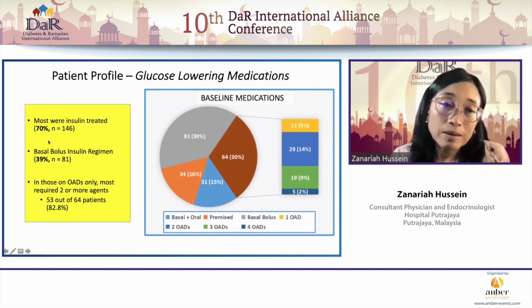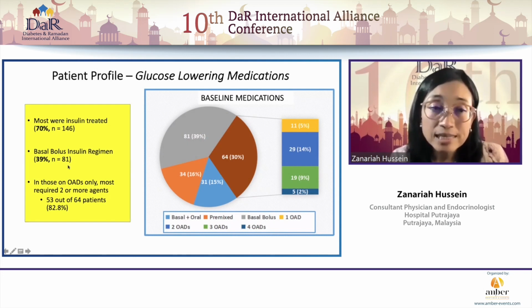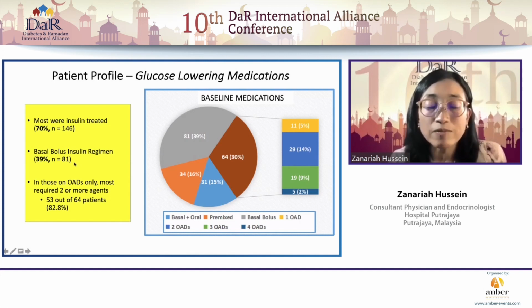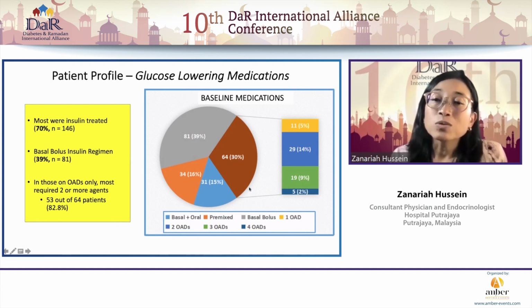We already mentioned most of them being on insulin, and mostly on an intensive insulin regimen. About 40% of them were on a basal bolus insulin regimen. And if they were on oral agents, as we can see from the chart, about a third of them were on 2, 3, or more oral anti-diabetic combination therapy.